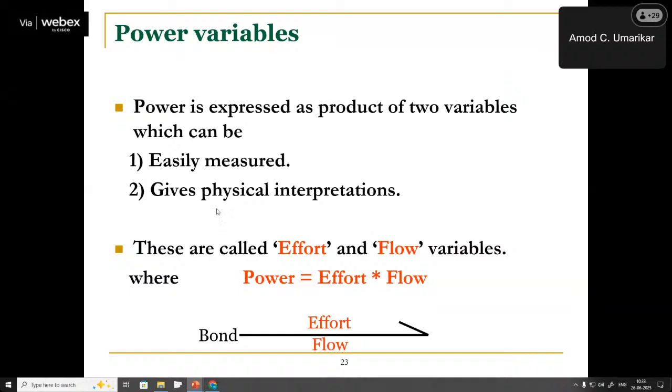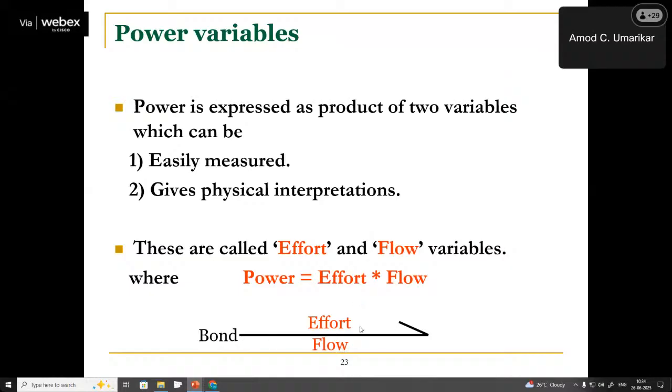So this bond we can represent as follows: power is expressed as a product of two variables which can be easily measured and give physical interpretations. These are called effort and flow variables, where power is effort multiplied by flow.